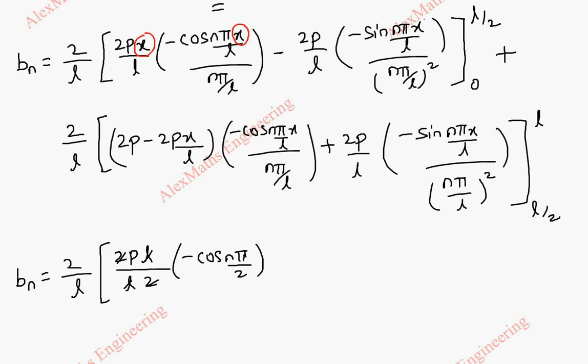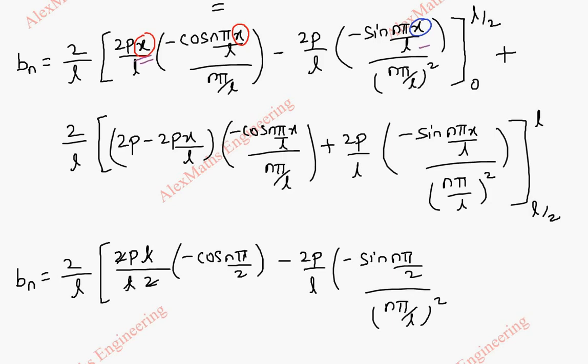Similarly, if I put L by 2 here, what happens is minus 2p by L into minus sin n pi by 2 by n pi by L whole square. When I apply the lower limit, this part is 0 because of x, this part is 0 because of sine. So the lower limit is completely 0.